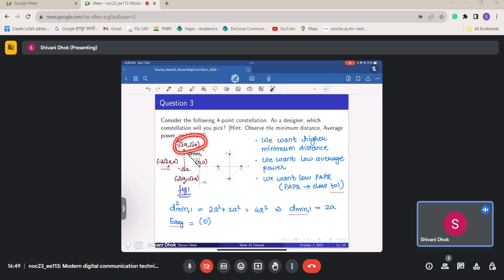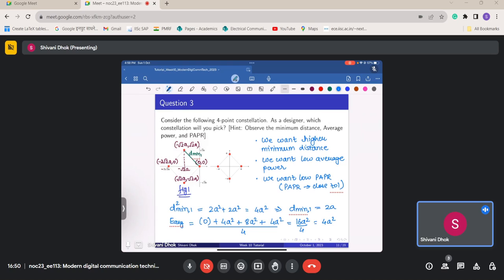The power of this point will be 2a square plus 2a square, which is 4a square, plus power of this point will be the square of this quantity, that is 4 into 2, 8a square, plus power of this point, which will also be 2a square plus 2a square, which is 4a square, whole divided by 4. So this is equal to 16a square by 4, which is equal to 4a square.